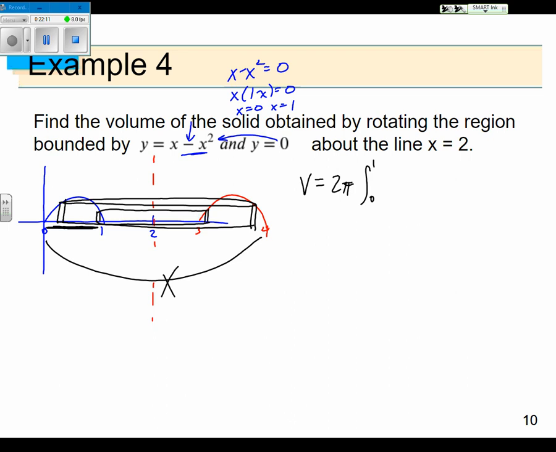What is going to change is the radius. Let's look at this radius right here. My radius runs from here all the way back. Or maybe it'd be easier to go from here in, because I know that this distance right here is 2.